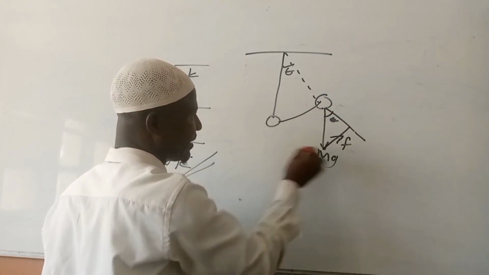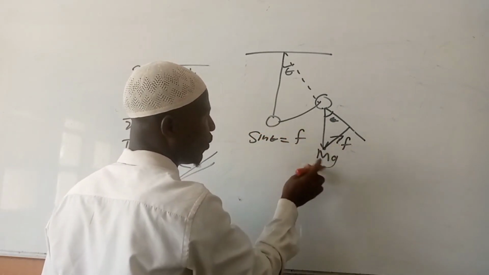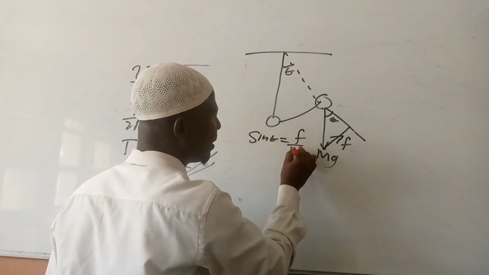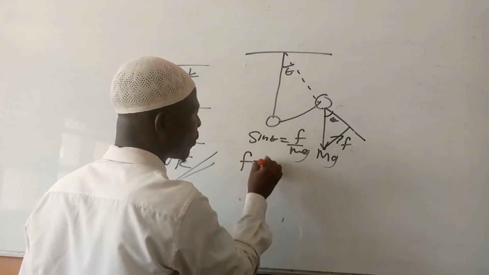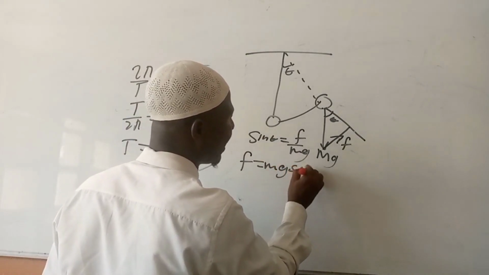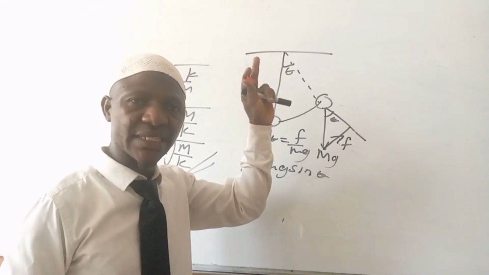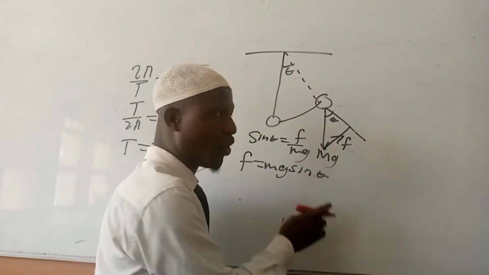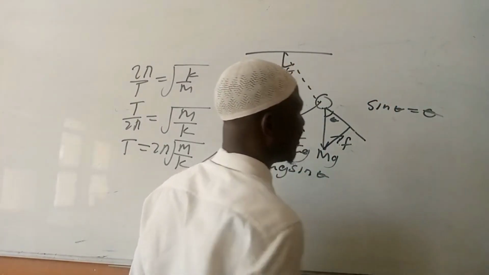Therefore, when you find sine theta, we have sine theta is equal to opposite, F, over hypotenuse, that is mg. So from here it means that F is equal to mg sine theta. And I said under circular motion that when theta is very small in radians, sine theta is equal to theta.